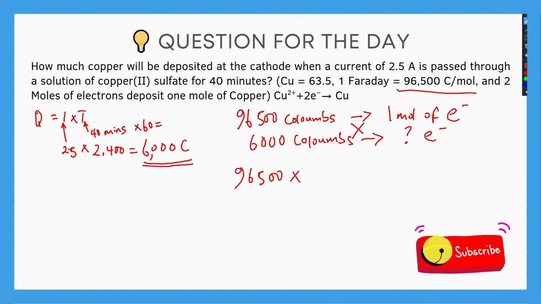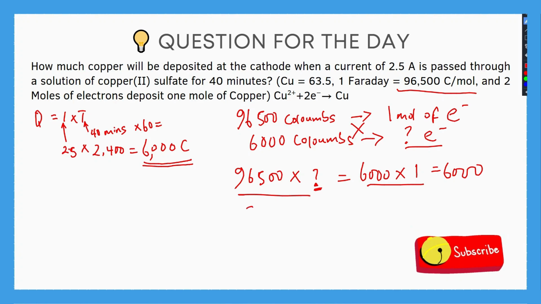And when we cross multiply, it becomes 96,500 times, of course, a question mark over here, is equal to 6,000 multiplied by 1. Now 6,000 multiplied by 1 is the same thing as 6,000. So to find this question mark, we divide both sides by 96,500.